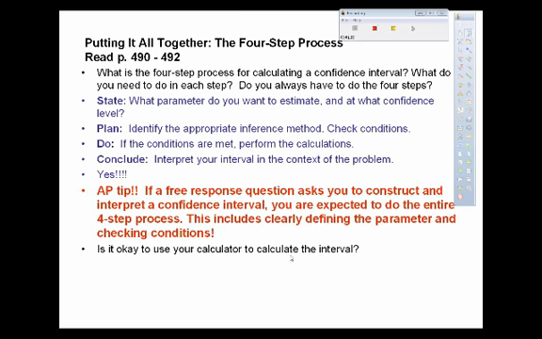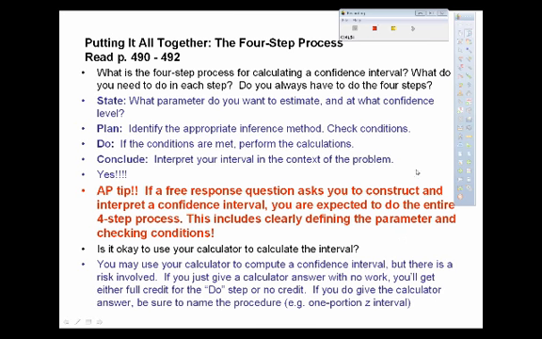AP tip. If a free response question asks you to construct and interpret a confidence interval, you are expected to do the entire four-step process. This includes clearly defining the parameter and checking conditions. Is it okay to use your calculator to calculate the interval?